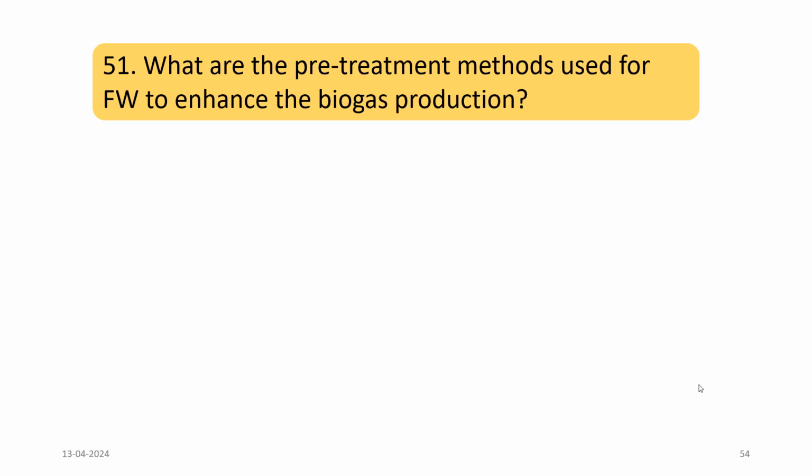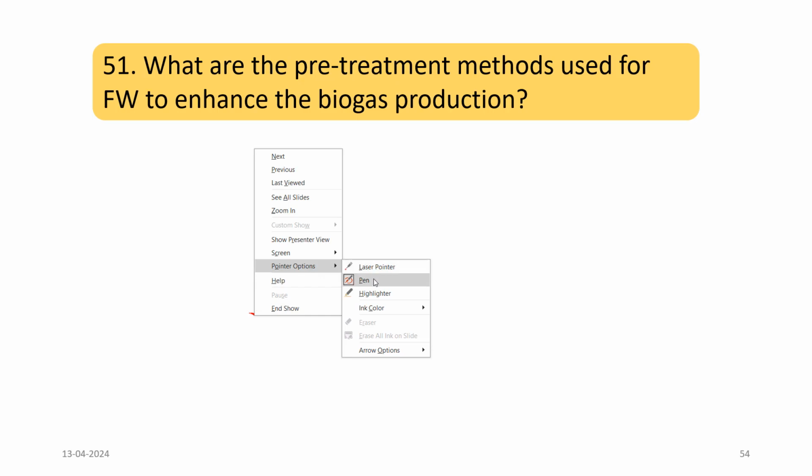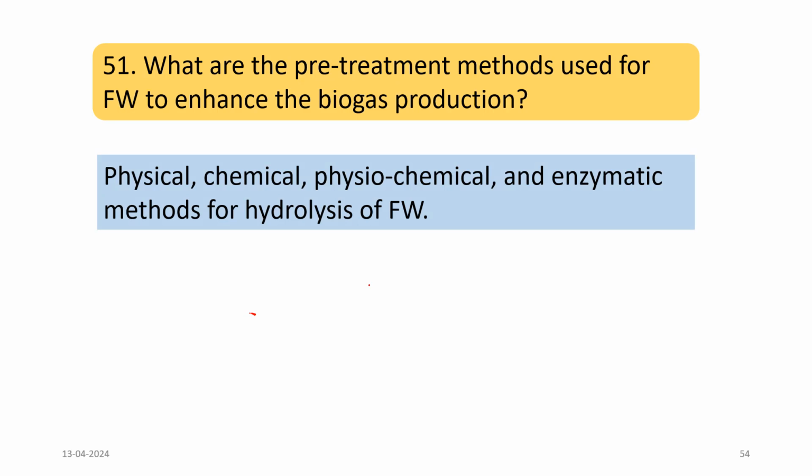Next, what are the pre-treatment methods used for food waste to enhance the biogas production? So the answer is physical, chemical, physicochemical and enzymatic methods are used for the hydrolysis of food waste.